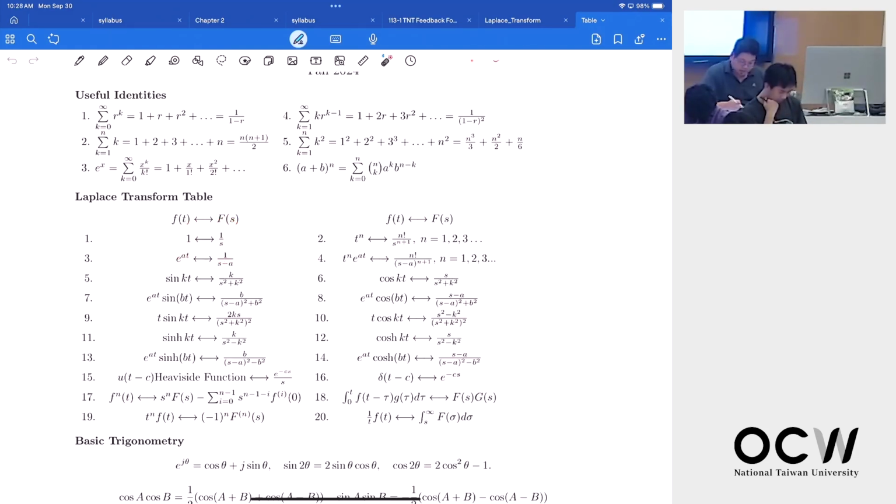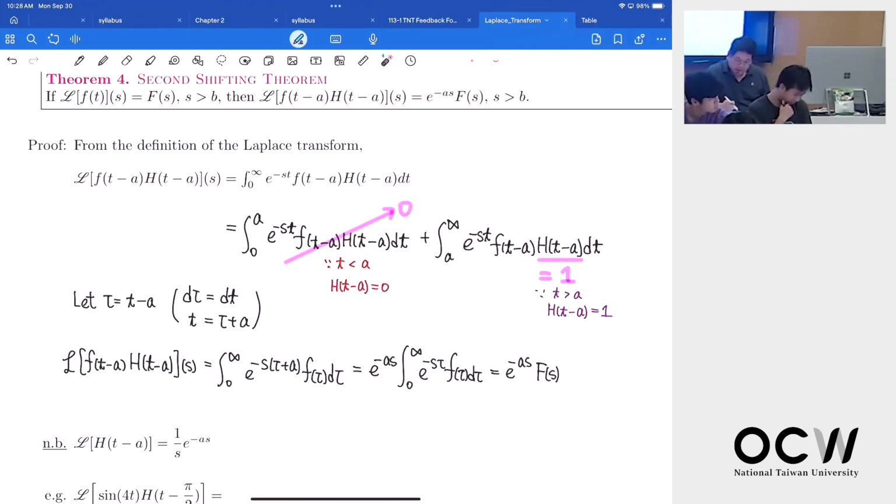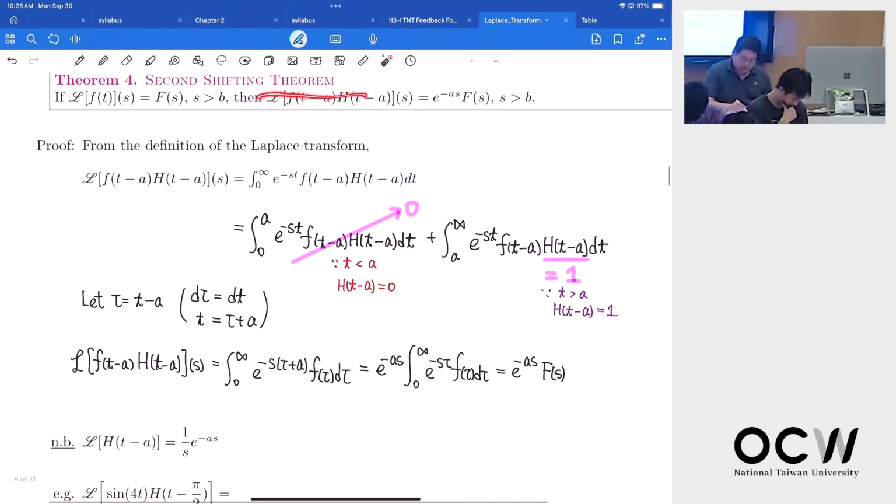And this is a constant, right? So if I shift, I still have 1. So 1 times the Heaviside function, and the Laplace transform of 1 is 1 over s. And by this shifting theorem, then I have e to the minus as over s.